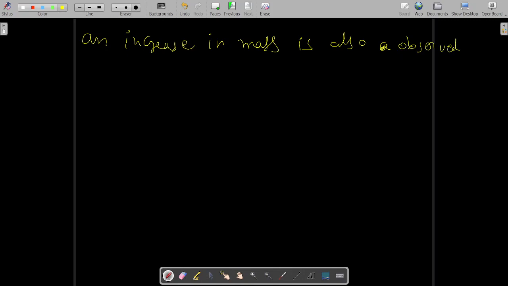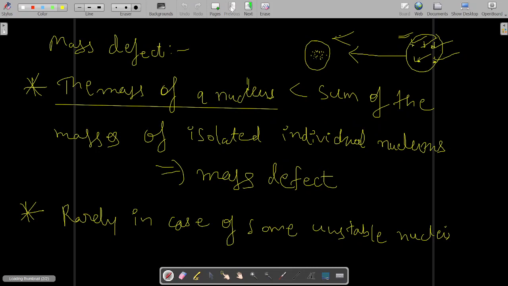Now what does this mean? This simply means that if suppose there are some nucleons and this nucleus is formed, then in some rare cases, in case of some unstable nucleus, the sum of the masses of these individual nucleons will be smaller than the mass of this nucleus. It means energy will be converted into mass in this case.